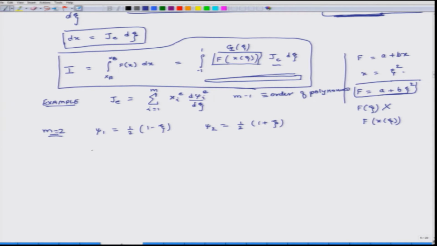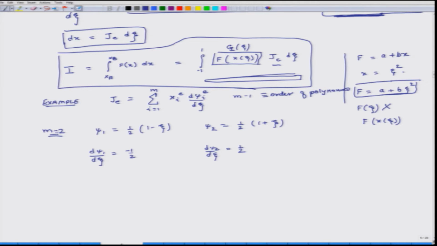Then d psi 1 by d zeta equals minus 1 by 2, and d psi 2 over d zeta equals 1 by 2.